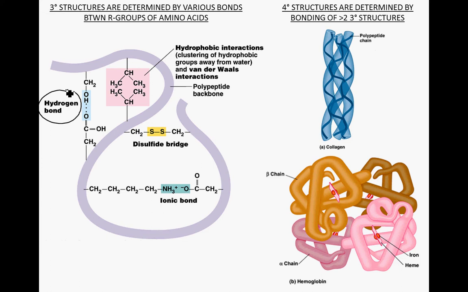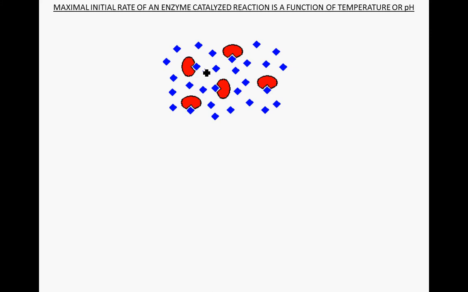So hydrogen bonding between R groups, ionic bonding between those R groups, disulfide bridges between those R groups, and then van der Waals interactions, weak interactions between nonpolar side chains. So these four classes of bonds between the R groups maintain that conformation of the enzyme. This is going to be important as we see here in just a little bit.